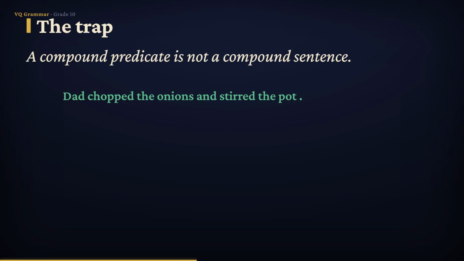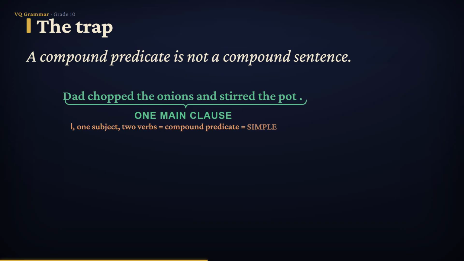But hunt for a second subject and you will not find one. There is only one subject, Dad, and he is doing both actions. Two verbs sharing one subject is a compound predicate, and a compound predicate lives happily inside a simple sentence. Still one main clause.